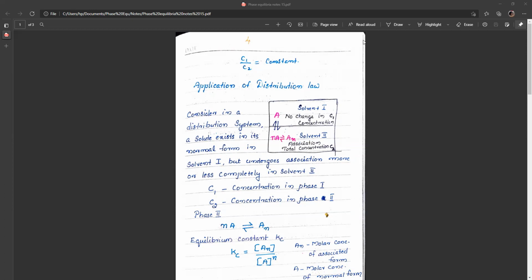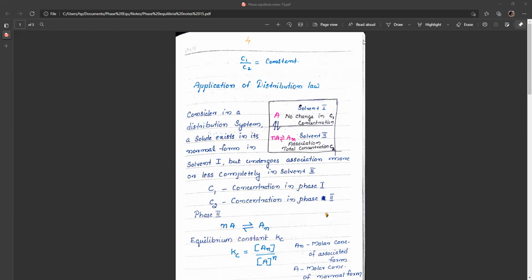But here we are going to discuss what happens when the solute undergoes dissociation in one of the solvents or association in one of the solvents.